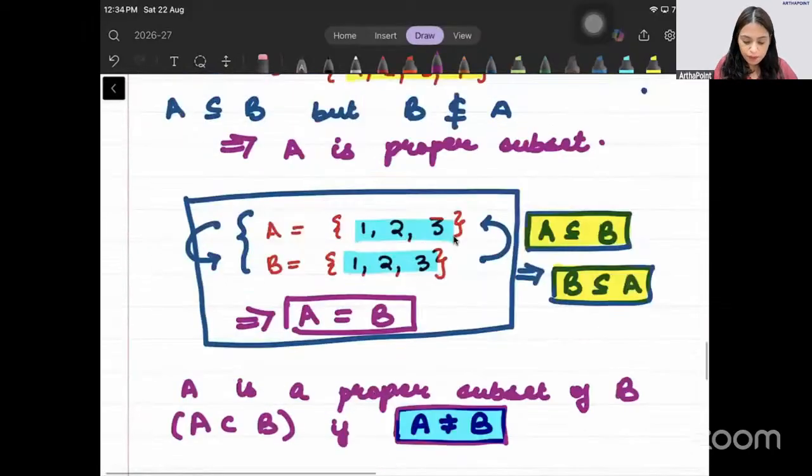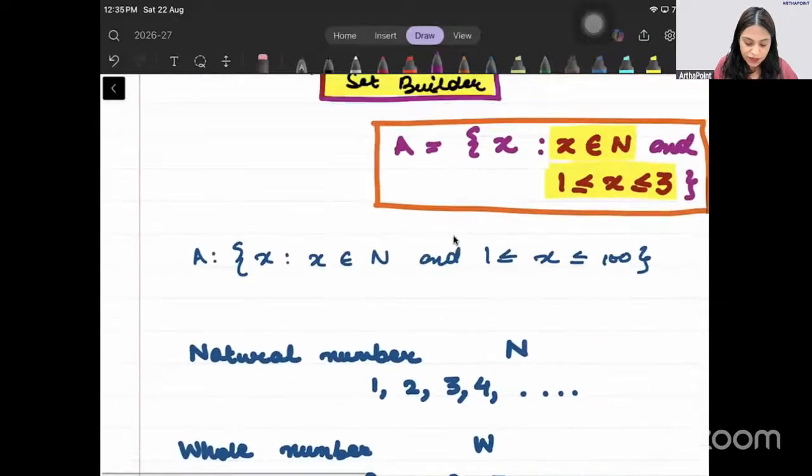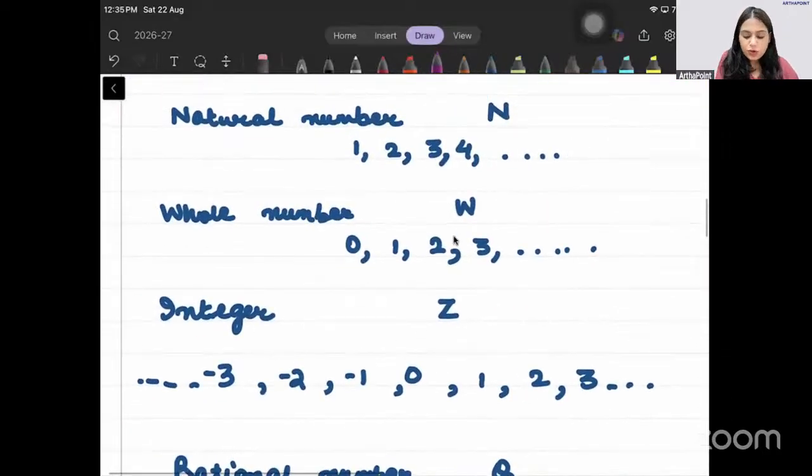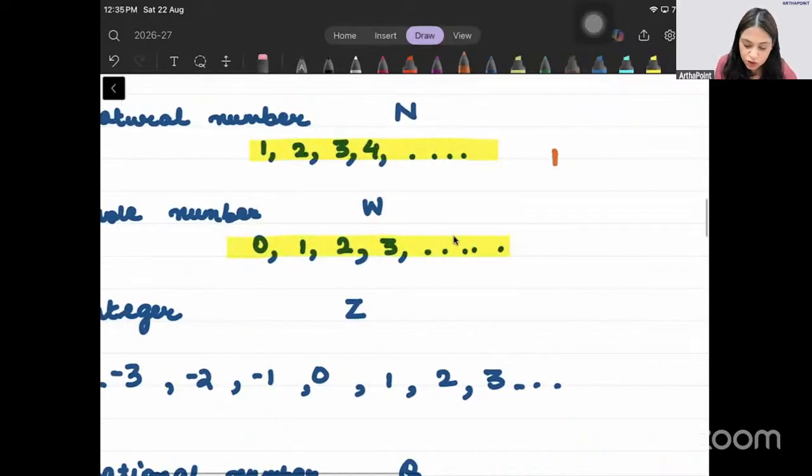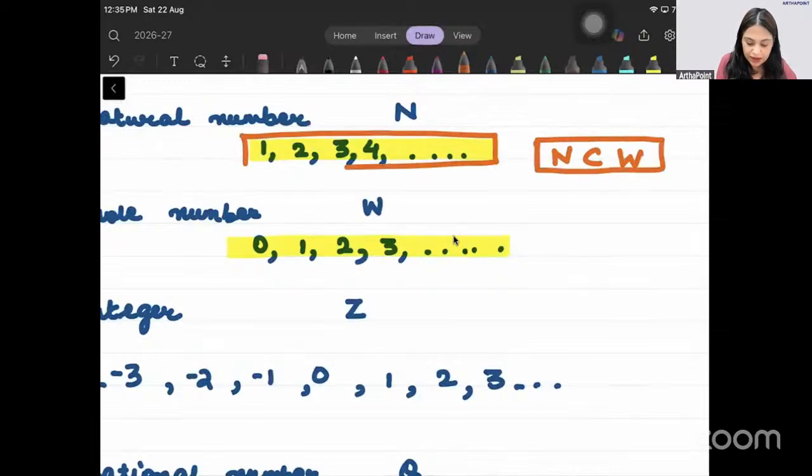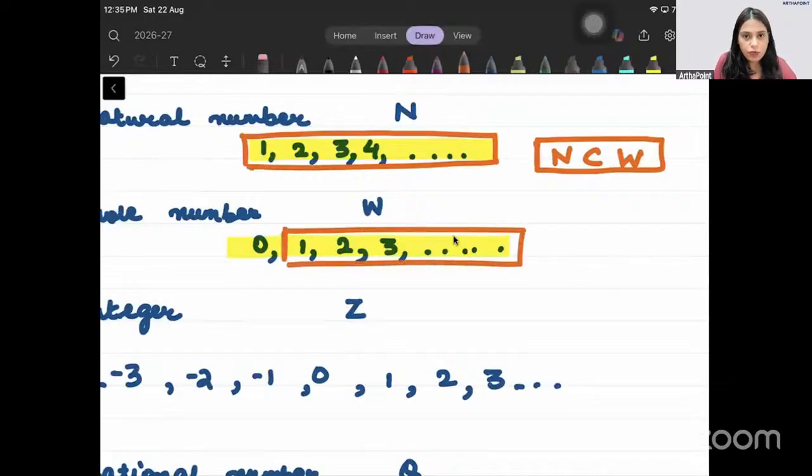So, अभी if I go back to the definition, now what we notice? Natural numbers start from 1: 1, 2, 3, 4. Whole numbers start from 0. So natural numbers will be a proper subset of whole numbers, क्योंकि जो भी natural number में आ रहा है वो तो whole number में आ ही रहा है, but whole numbers have something more.